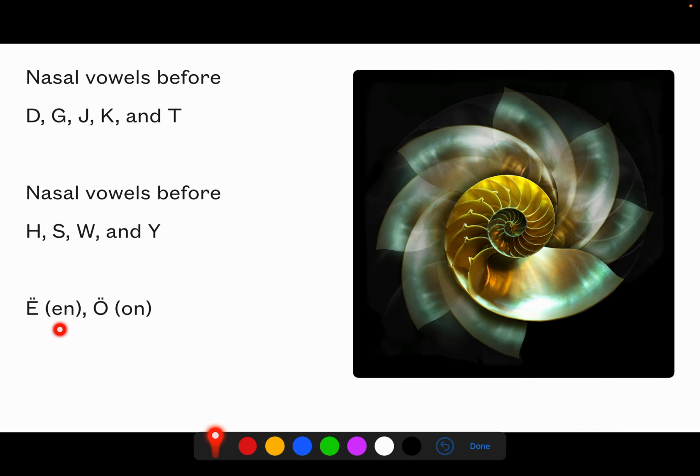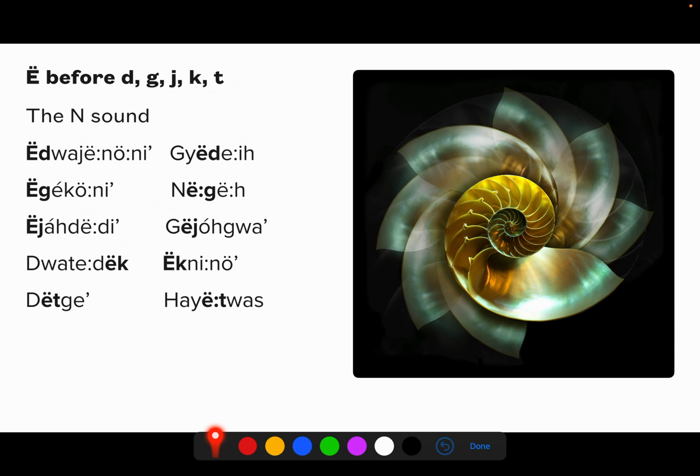Sometimes E gets written as this N, and this O gets written as on, as if there's always an N sound in there, and that's just not the case on these ones. So phonetic spelling doesn't always work, and that's why it's easier to learn how to read rather than relying on phonetic spelling.